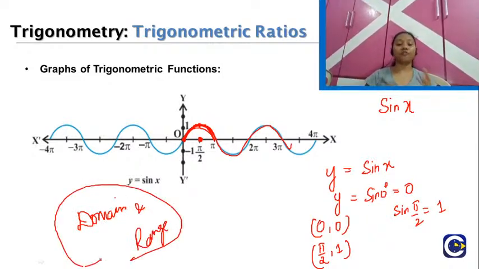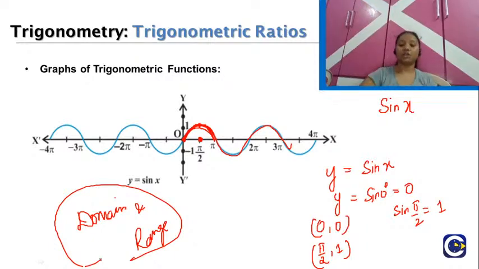Right. So when we are discussing relations and functions, we'll again get into our trigonometric chapter, where we'll talk about the graphs of trigonometric functions in the context of domain and range. Right. So for now, we'll just see how we are using our values to plot our graph.